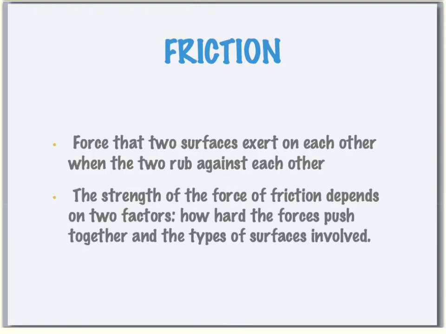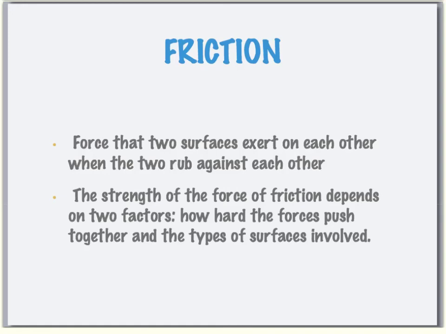Now, friction, I'm just going to mention very briefly right now because we're actually going to do a lab this week on friction. Friction is basically the force that surfaces exert on each other when they rub against each other. The strength of this friction depends on two things. It depends on the type of surface that you have.